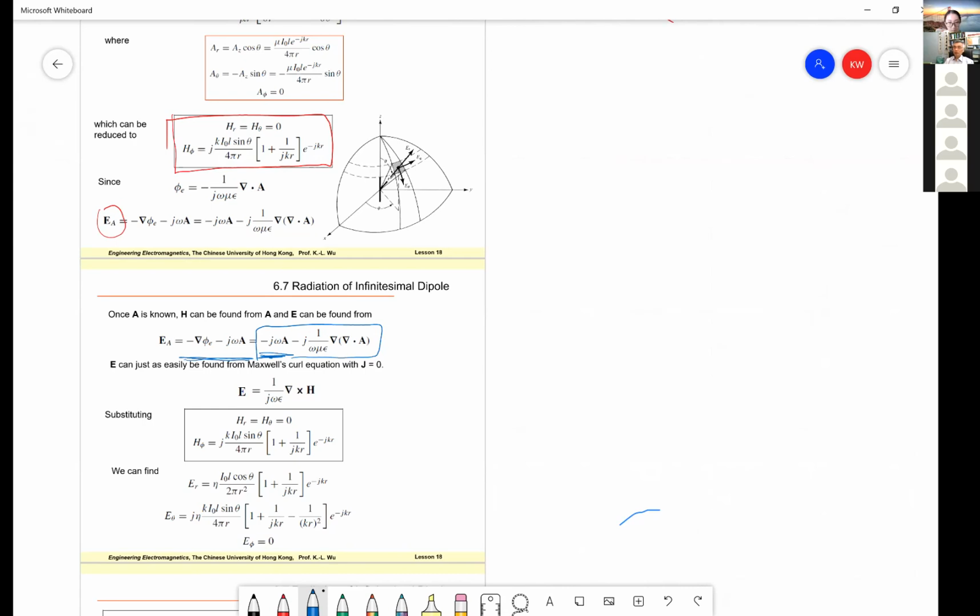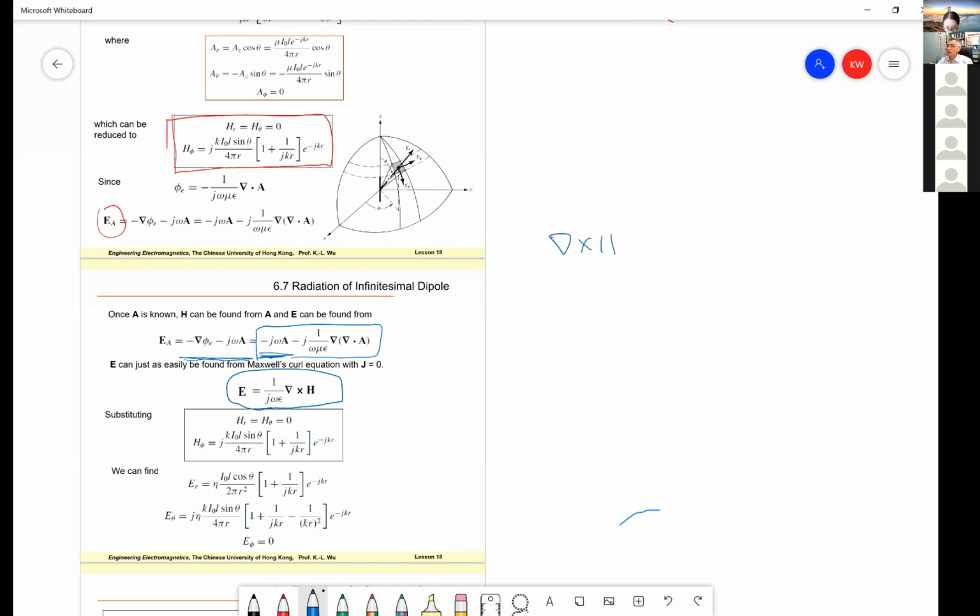Okay. We have another way, I think a more straightforward way, to find the electrical field. It is using this condition. What is this? This is Faraday's law. Faraday's law tells us, not Faraday's law, Ampere's law, right?